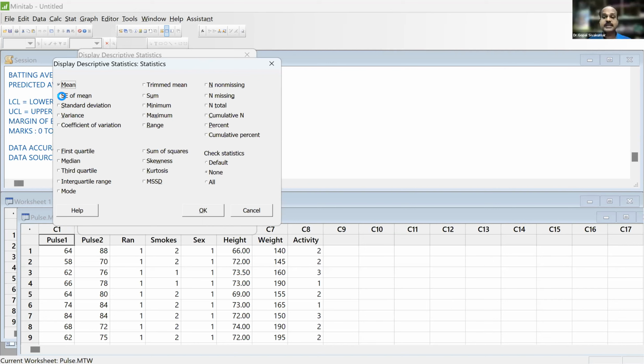If the error is, I told you, margin of error, isn't it? So standard error of mean is actually a form of error which decides your confidence limit. The more the error, the farther will be the confidence limit, which is not good for your decision making, isn't it? So I just, for the time being, leave it.